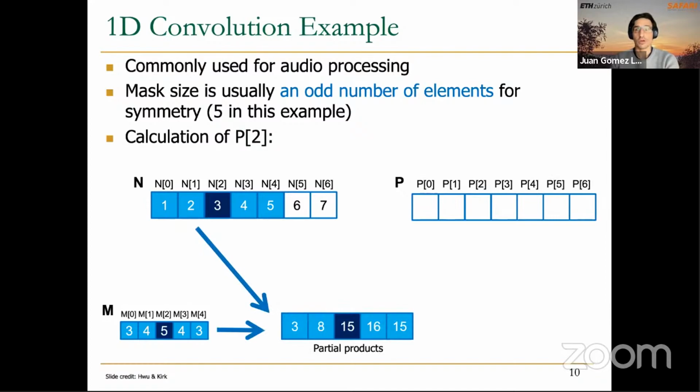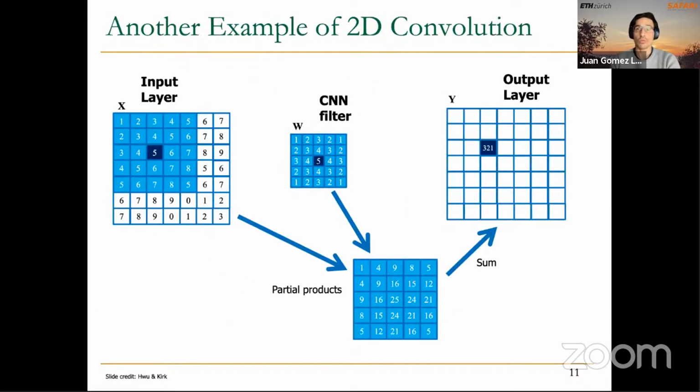Remember that in the convolution, we apply the mask over all the elements of the input image, or the input array. We obtain some partial products, and then we can reduce these partial products to obtain the final value for the output array. And that was a 1D convolution, and here we have a 2D convolution.